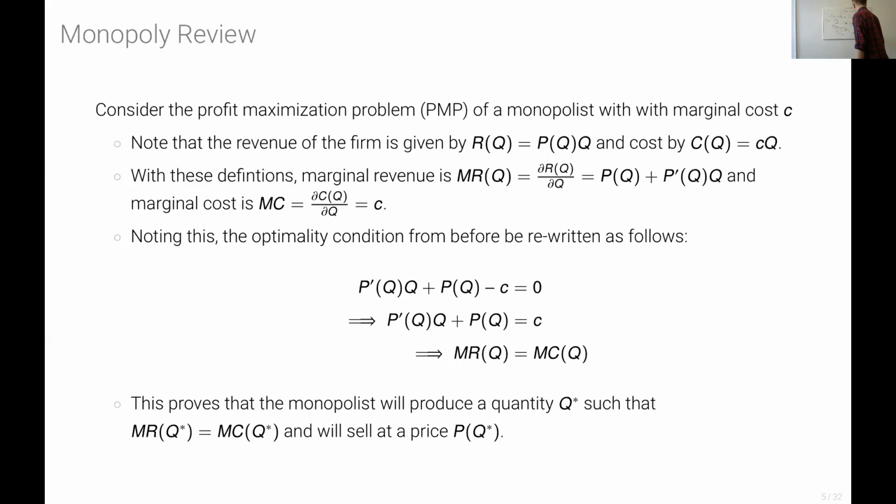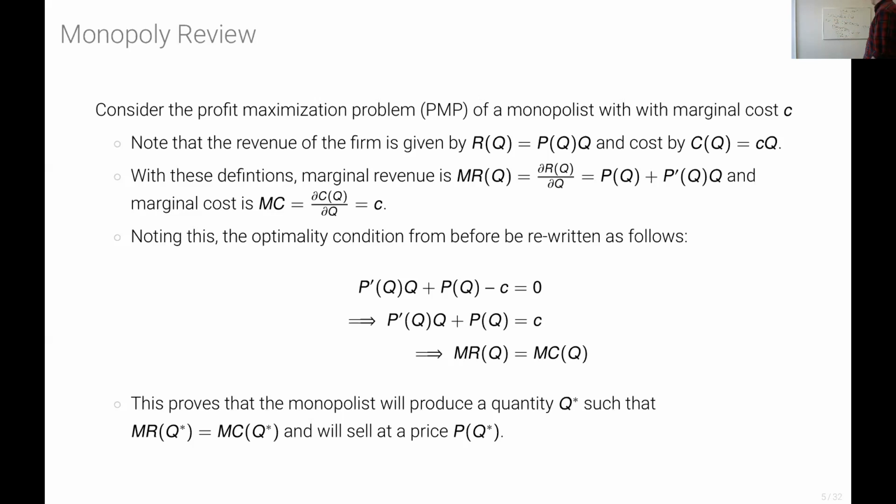So essentially, the condition we found for choosing Q such that the monopolist maximizes profits is the familiar condition that we set marginal revenue equal to marginal cost. What our FOC is saying is that at the optimum, the firm chooses Q such that marginal revenue is equal to marginal cost for that optimal Q produced.